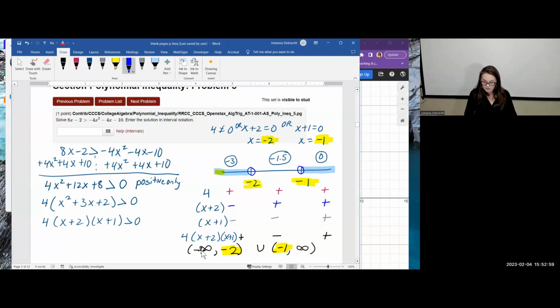Far left is negative infinity, stopping at negative 2. Not finished, so union symbol, picking up negative 1 and moving to the right to infinity. I hope this makes sense to you and that you're understanding how to solve these rather challenging problems. Let's take a look at another problem.